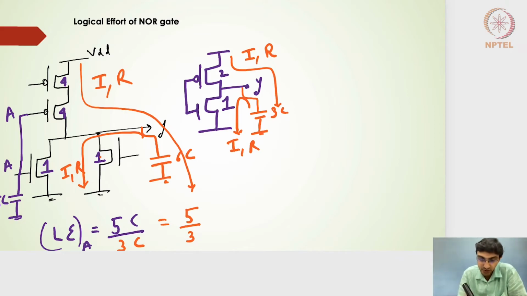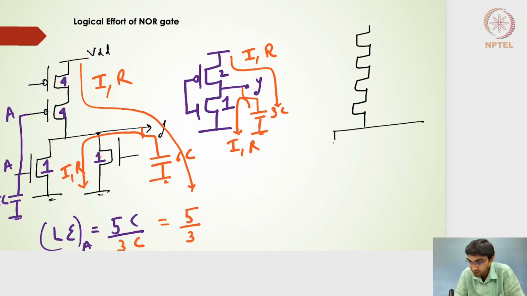And similarly, just to complete, we will draw a 4 input NOR gate. So I'll skip the 3 input NOR gates because we have anyways done the 3 input NAND gate. So for the 4 input NOR gate, I will have 4 transistors in series on the pull up side and then 4 of them in parallel on the pull down side.